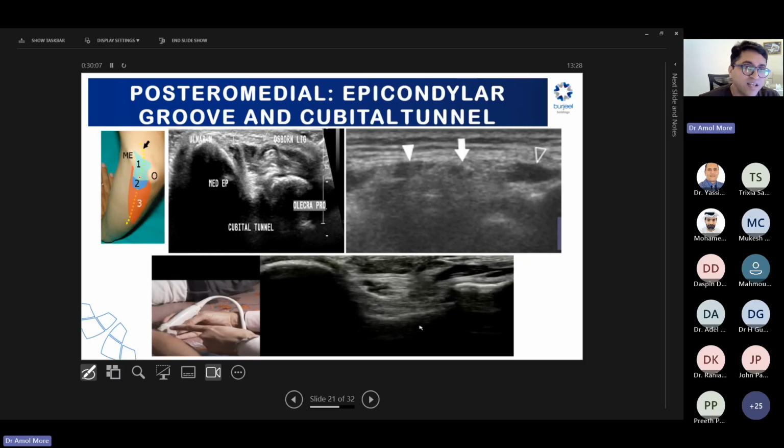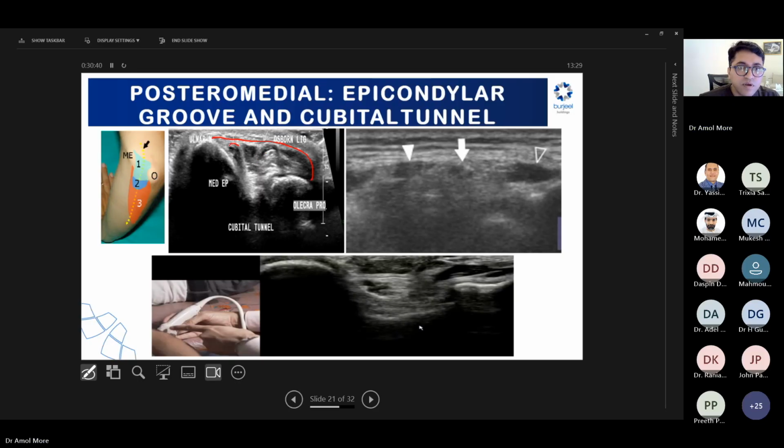Along the posterior medial aspect, we see the planes in three positions: just proximal to the medial epicondyle, at the level of the medial epicondyle and olecranon process, and at the level of the two heads of flexor carpi ulnaris. Once we acquire our image, this is the bony outline of the medial epicondyle, this is the bony outline of the olecranon process, and this hypoechoic structure is the Osborn ligament.